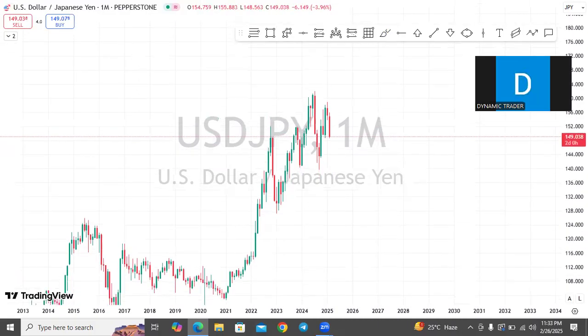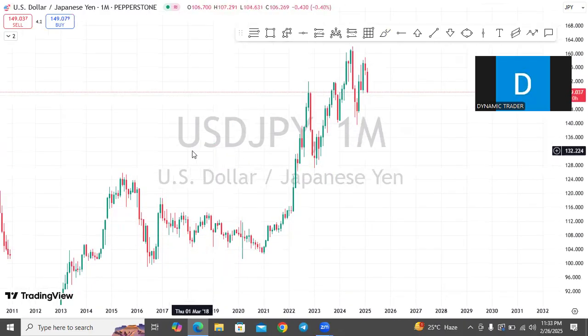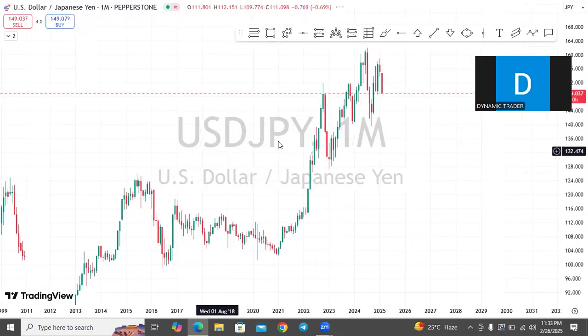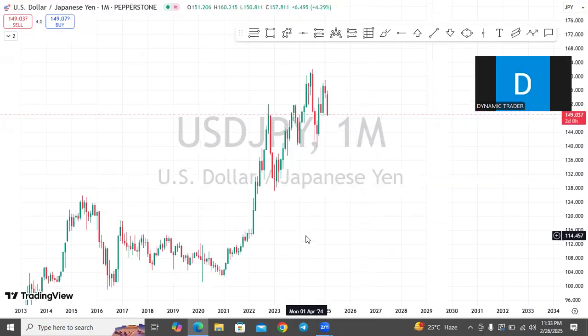So with USD JPY, using the SMC strategy or SMC concept, you can clearly see that the market has been bullish, making higher highs, higher lows, higher high, higher low. Then it pushed up and failed to break above this high, so it's coming to the downside.